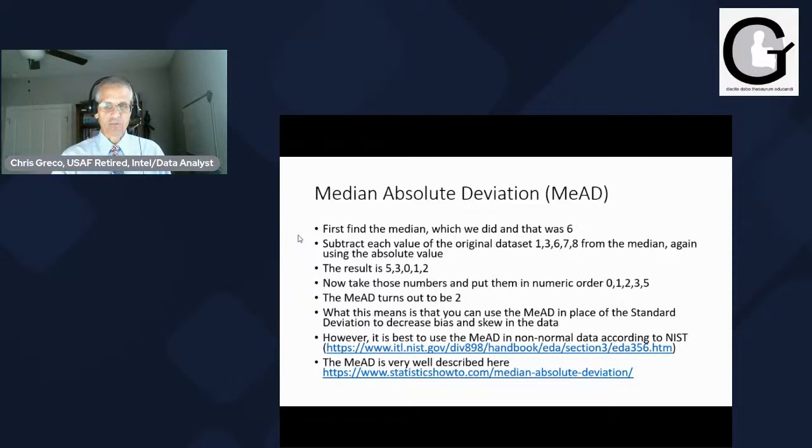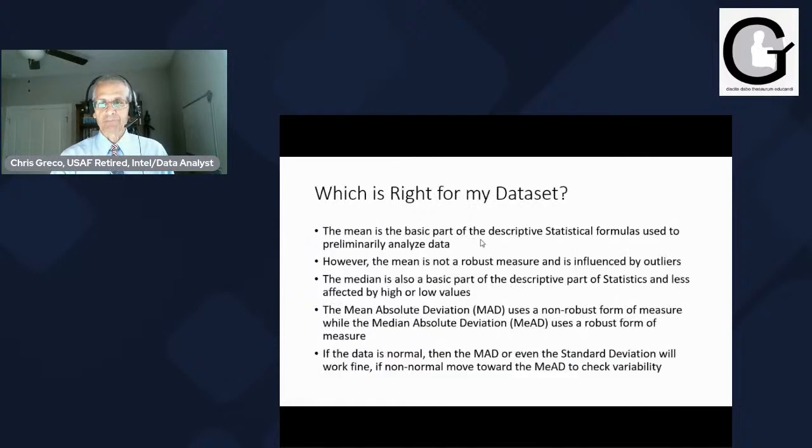NIST.gov is also a great site. It basically has a statistical handbook that goes through all these different statistics and statistical methods at a very high level. So you have to understand a little bit about statistics to make it work, but it is a very, very good reference. So I highly recommend that.